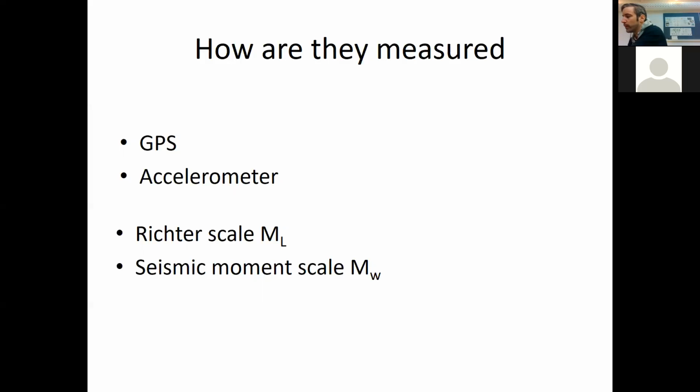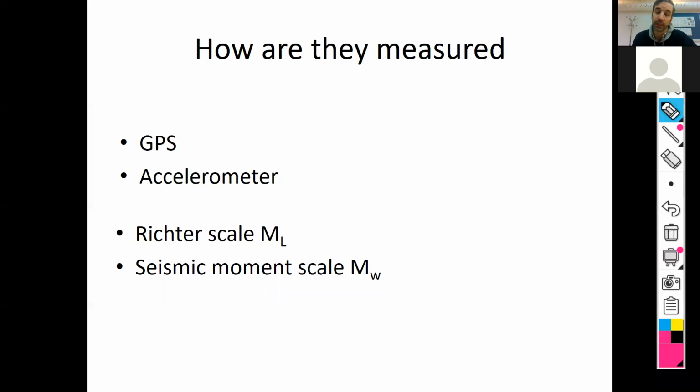Up until maybe the 80s, earthquakes were measured by a seismograph, which is actually just a pen on a long rod, which was placed on a pivot and with a spring, right?